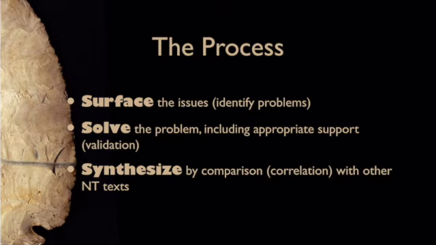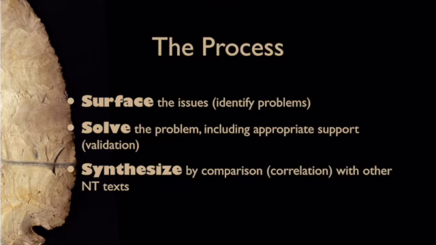The second thing that we want to do, and this is probably the most important part of the process, is to solve the problem. So we want to look for appropriate support. This is really the validation step. Essentially, what we're doing when we solve the problem is looking for pros and cons for each view. And here the resources are endless.